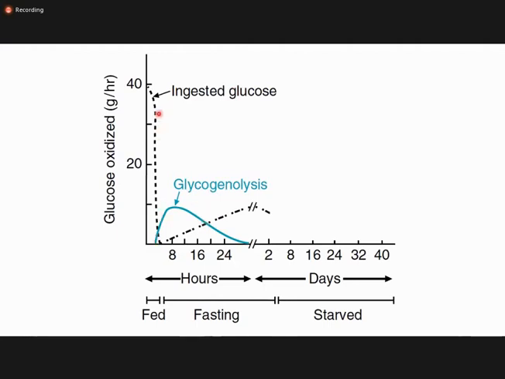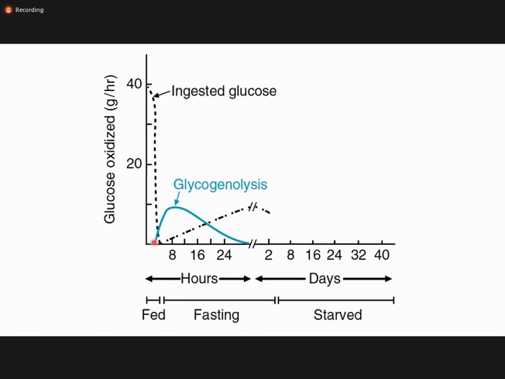This glucose has come from the diet, whereas after approximately 4 to 6 hours of taking a diet, glycogenolysis, the breakdown of glycogen, will start, and it will reach a peak at approximately 8 to 10 hours, and it will go down, but it can be maintained even after 24 hours.